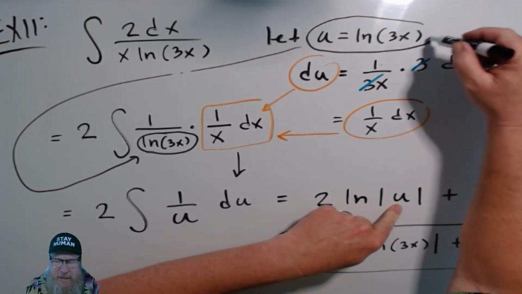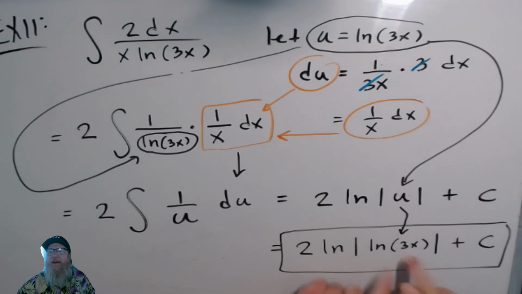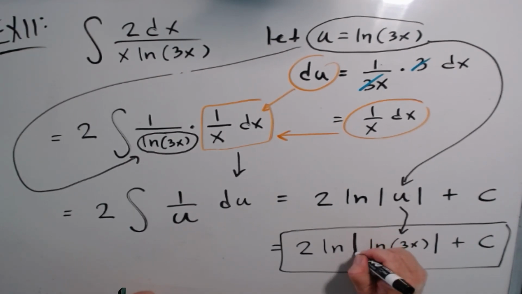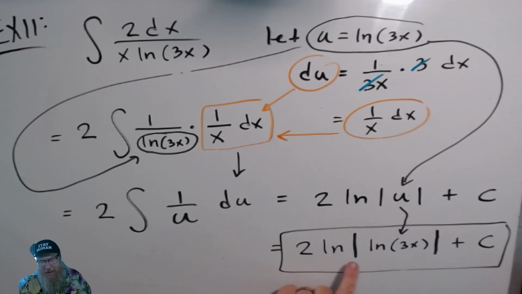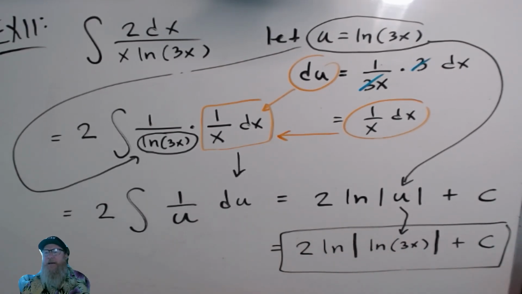U is ln of 3x. So this one's tricky. It's got a lot of straight lines in it. It's 2 times the ln of the absolute value of the ln of 3x, plus c.